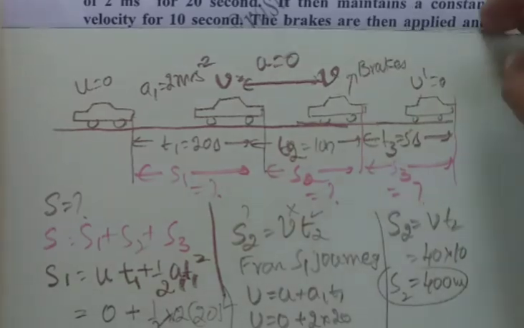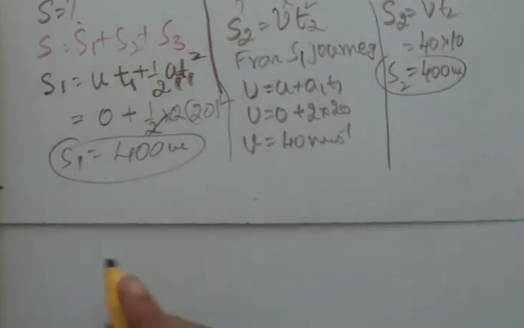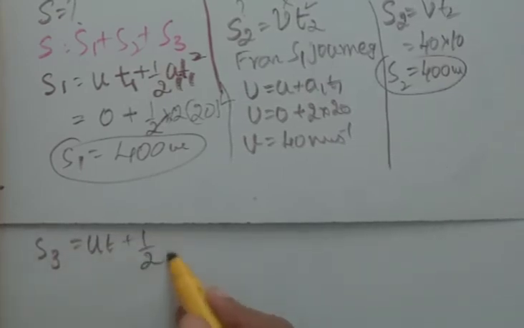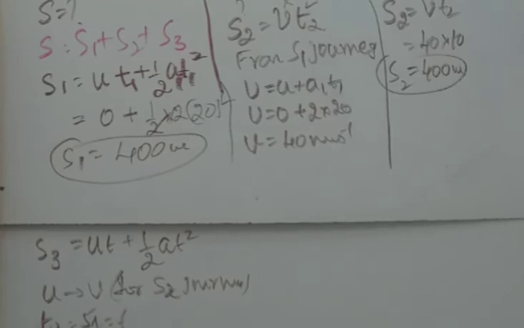How to calculate? Observe carefully. Now we go for the solution for S3. Look at the situation. For S3 calculation, I can apply ut plus half at square. Here u is V for the S2 journey, which was V. T is given, T3 is 5 seconds. S3 is to be calculated, we put a question mark.